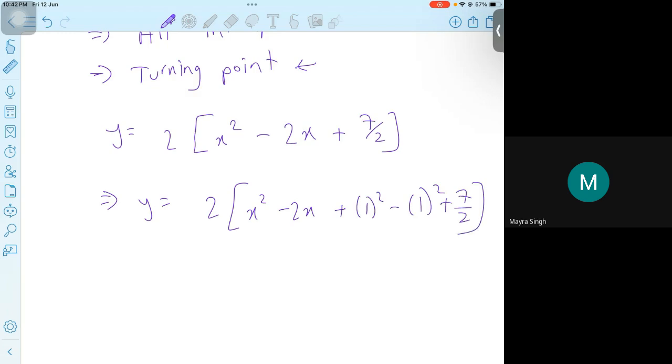Anyone who has an issue with how we did the completing square? Seeing no one, let's move on. So we have 2 here. We have x minus 1 squared plus, now we have minus 1 squared plus 7 over 2.